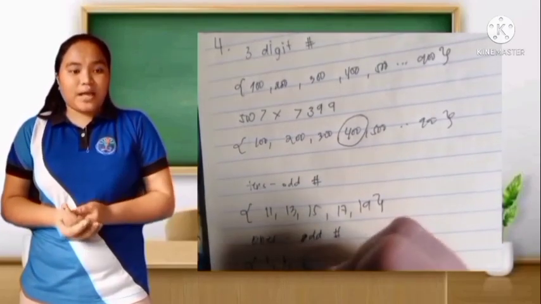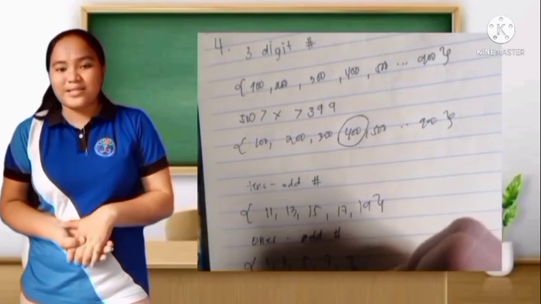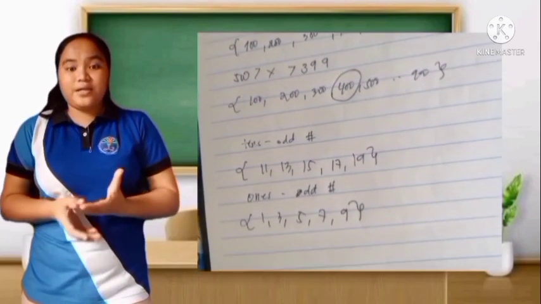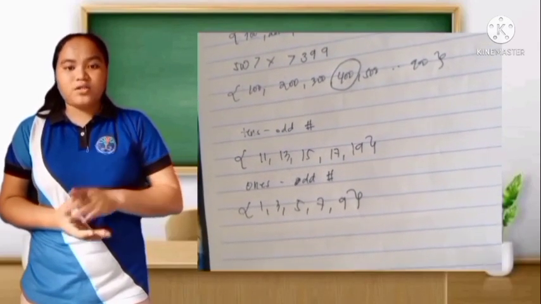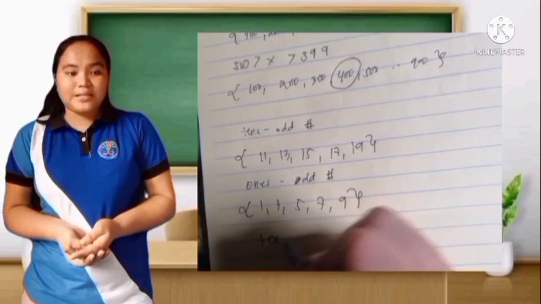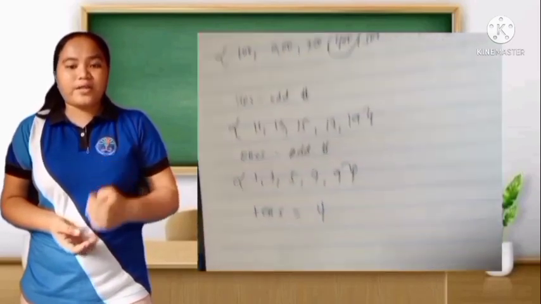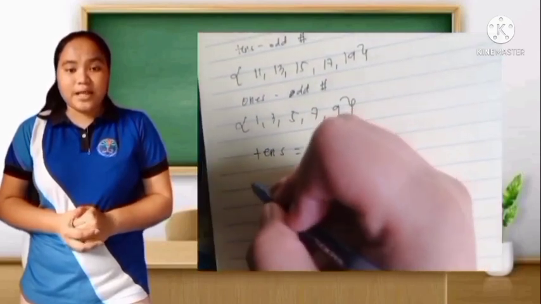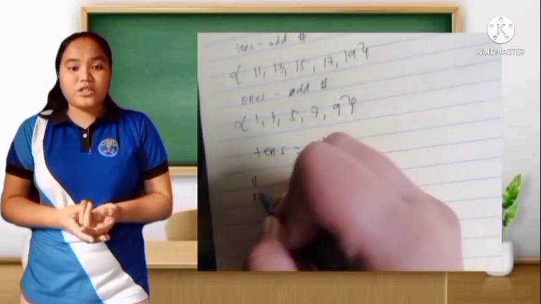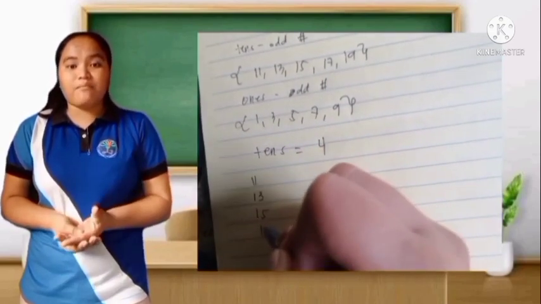And the question says their sum is 4. So, based on our tens numbers, 11, 13, 15, 17, and 19, we will be looking for which has a sum of 4.